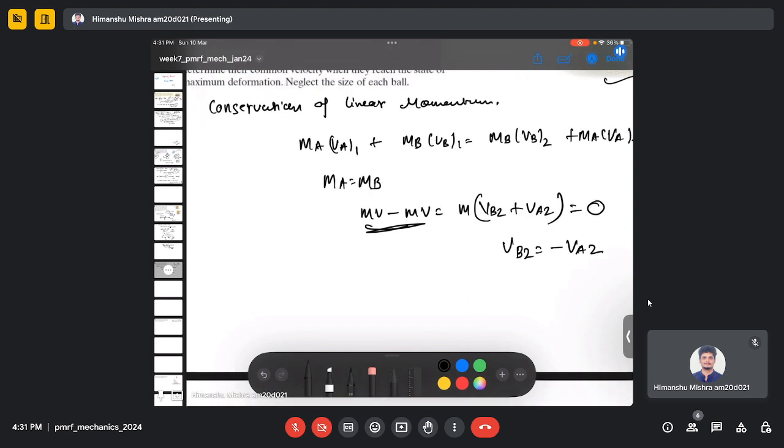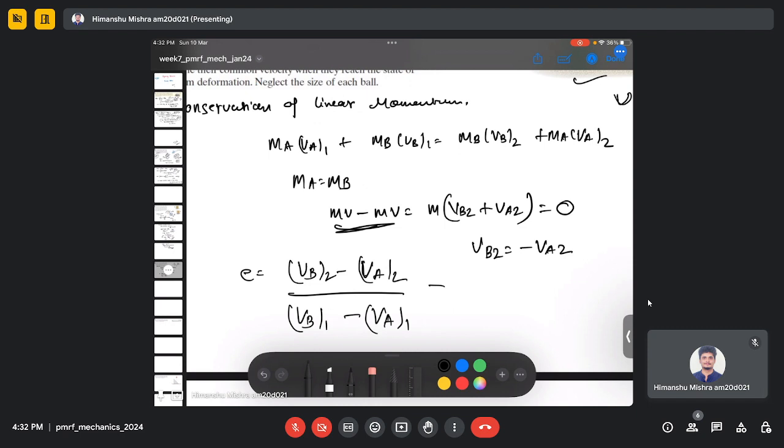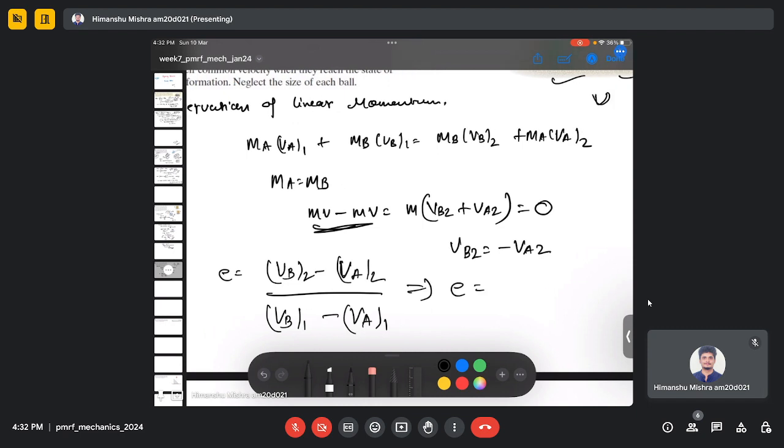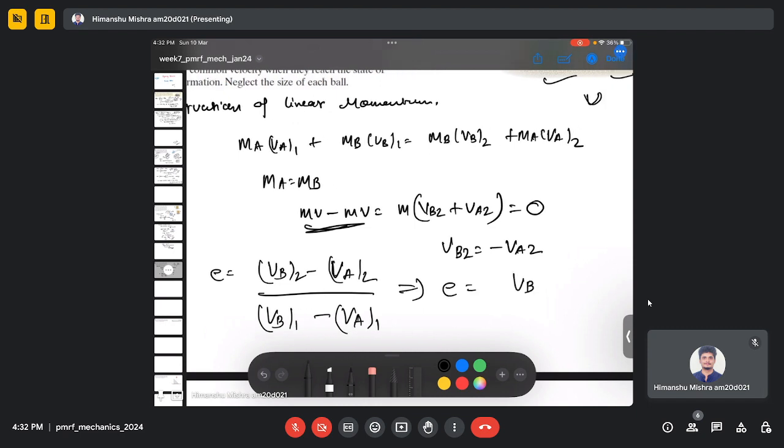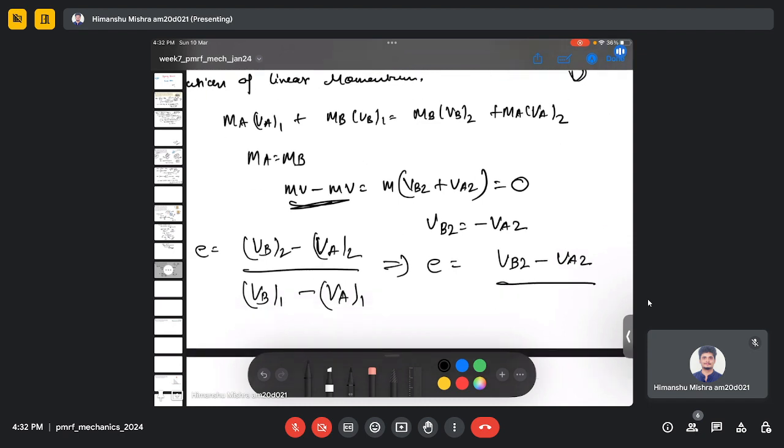So if I use the coefficient of restitution, which is vB2 minus vA2 divided by vB1 minus vA1, it will be e, equals vB2 minus vA2 over my initial relative velocity, which was 2v.